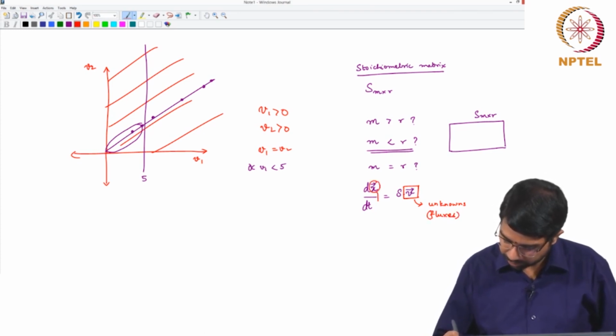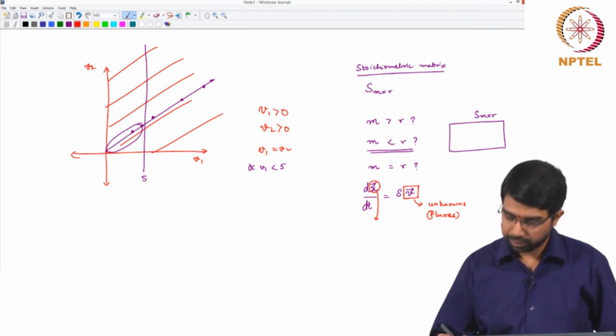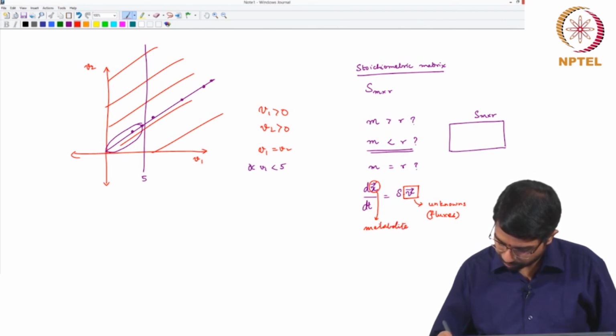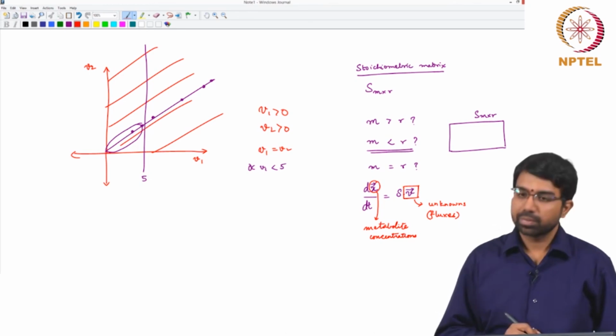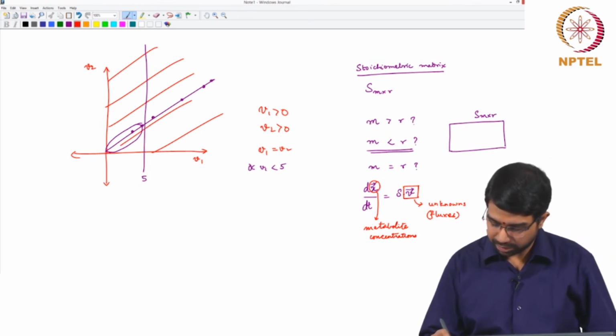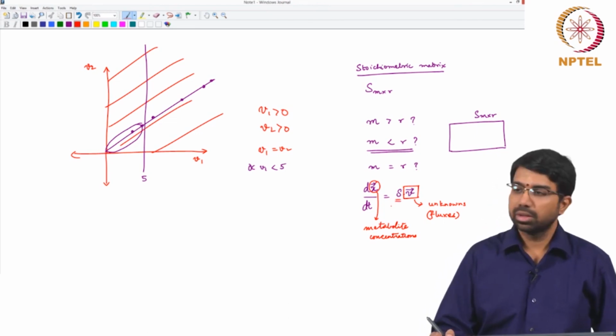What is X? Yeah, concentrations. Metabolite concentrations. So, rate of change of metabolite concentrations linked via the stoichiometric matrix.